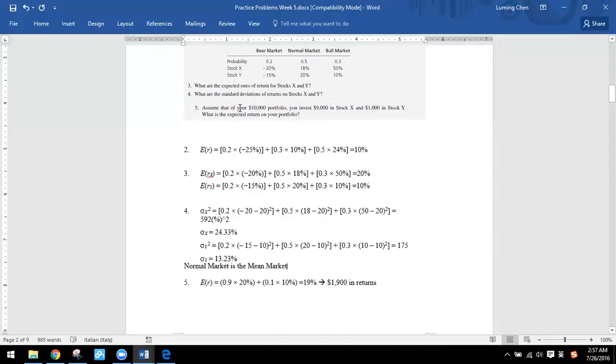Assume that of your $10,000 portfolio, you invest $9,000 in stock X and $1,000 in stock Y. What is the expected return on your portfolio? So the expected return should be the percentage in each stock times the expected return of each stock.